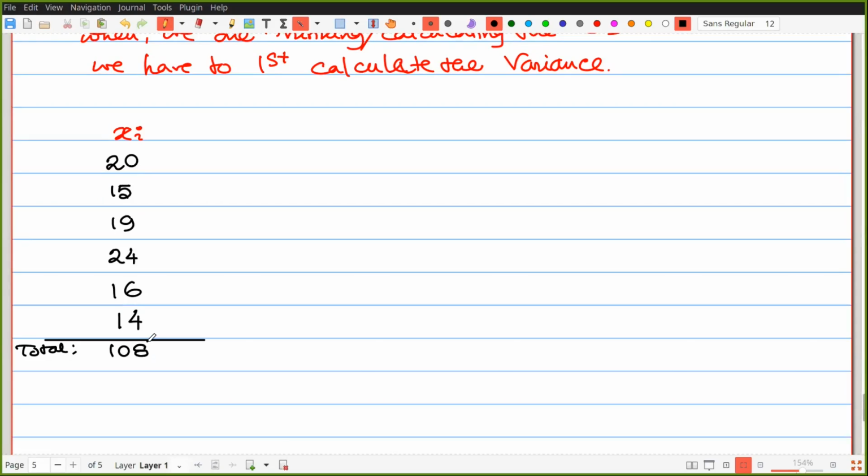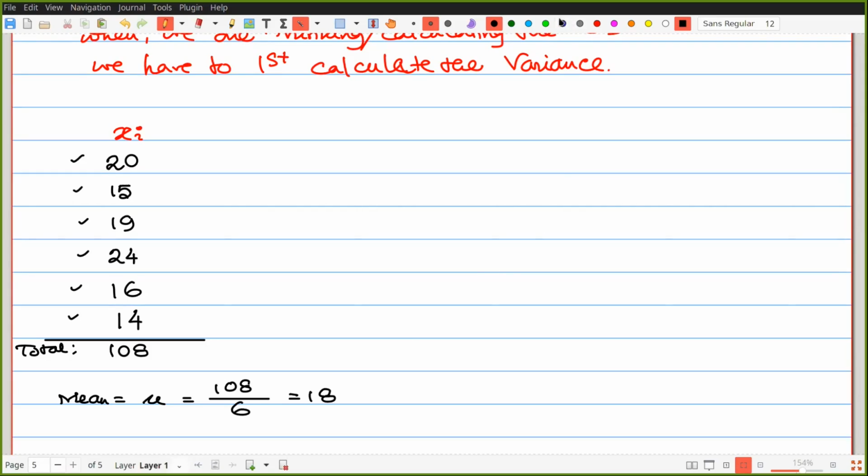So first of all, what do we have to find out? We have to find out the mean, that is mu. 1, 2, 3, 4, 5, 6, 6 items are there. So 108 by 6, that is equal to 18. So that is our mean.